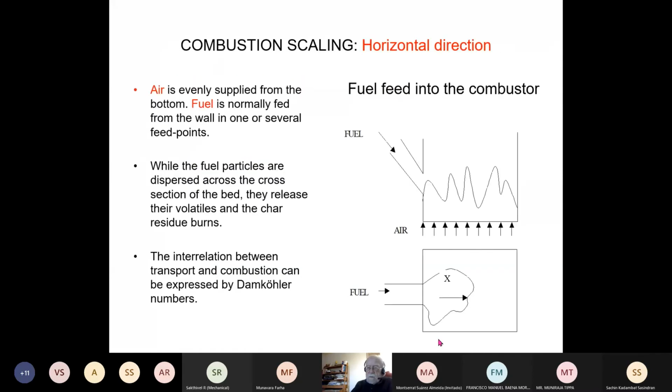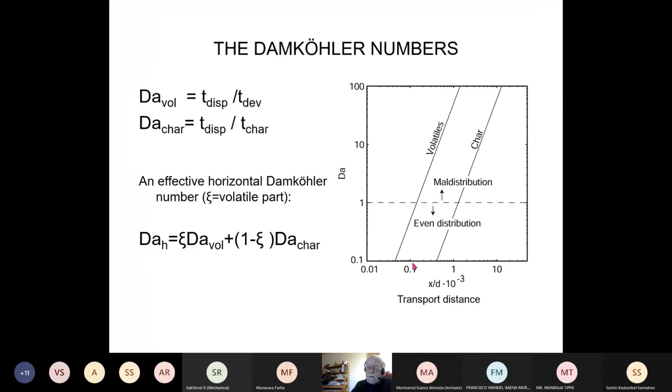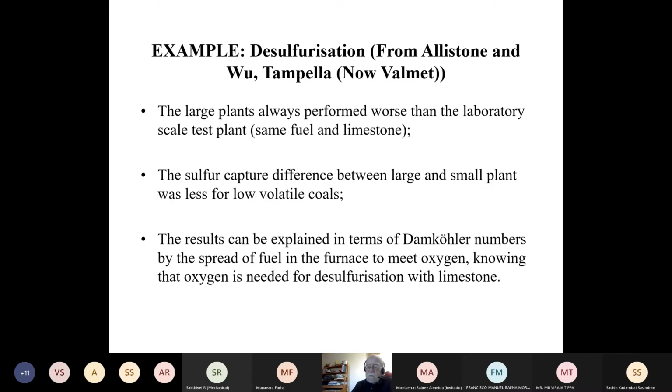And it is exactly what this diagram says, that in a small plant you are usually in the even distribution situation, whereas in a larger plant it's more likely that you have a maldistribution.